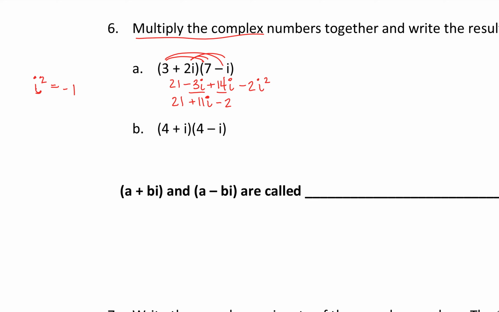And then I have a negative 2, and instead of i squared, I'm going to change that to a negative 1. So I'm not done simplifying. I have a 21 plus 11i. But that negative 2 times a negative 1 becomes a positive 2. And then I'm going to combine two more like terms to get a 23 plus 11i as my final reduced answer.